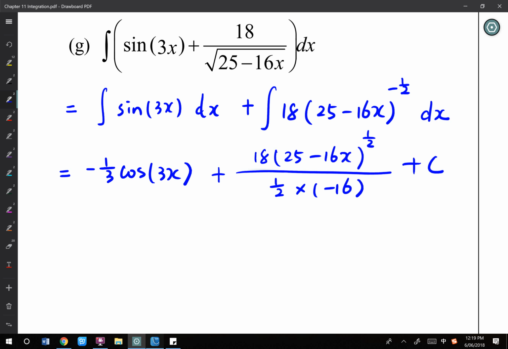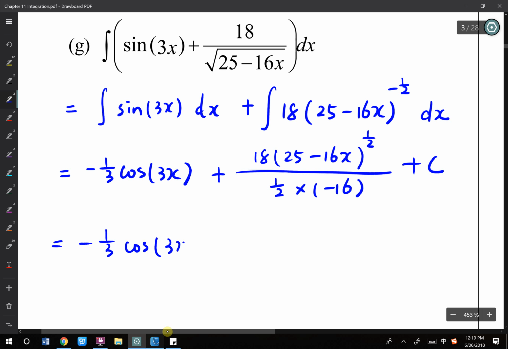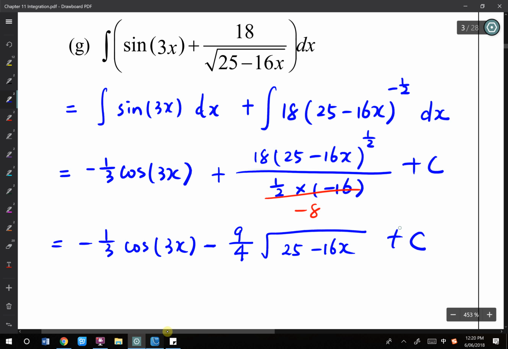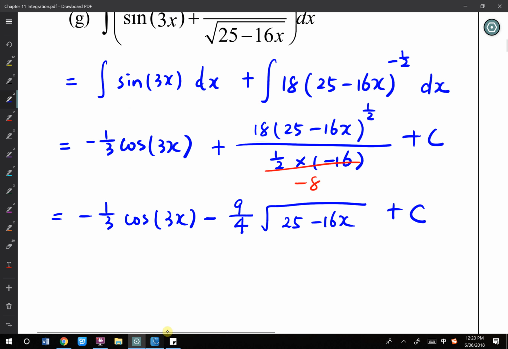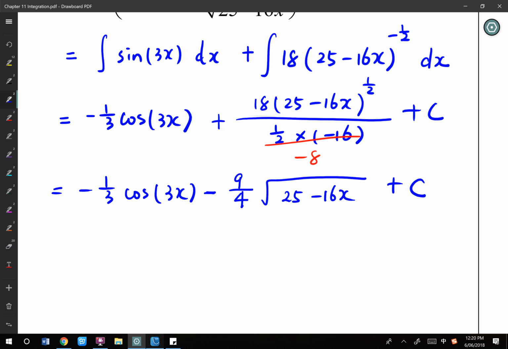So what we get here is negative a third cosine 3x. What we get at the bottom is a negative 8, so what I will have is negative 9 over 4 square root 25 minus 16x, and then plus c. Questions?